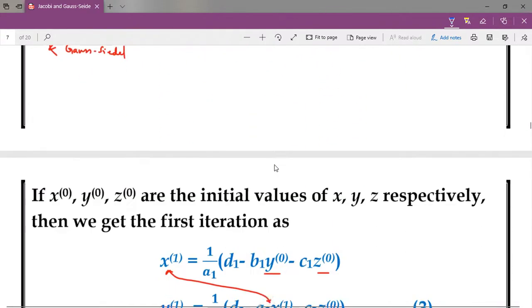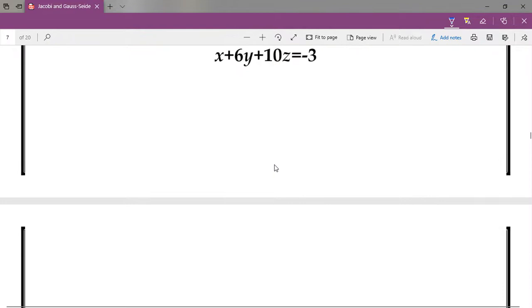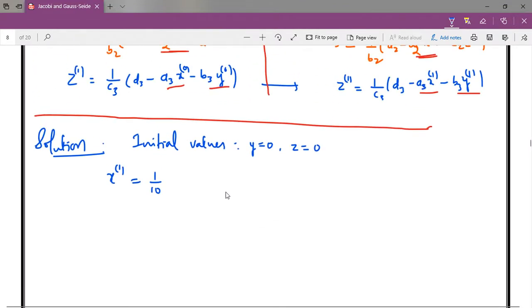Once again I will write the expressions for x, y, z, instead of directly going for x1.